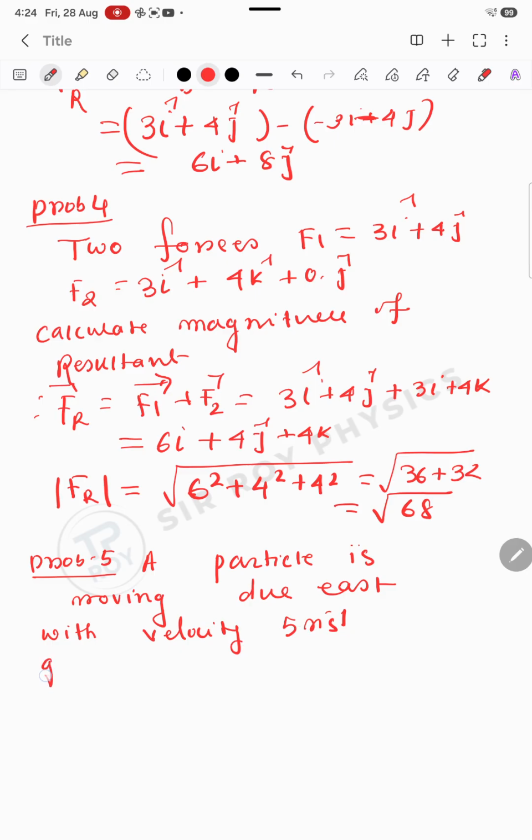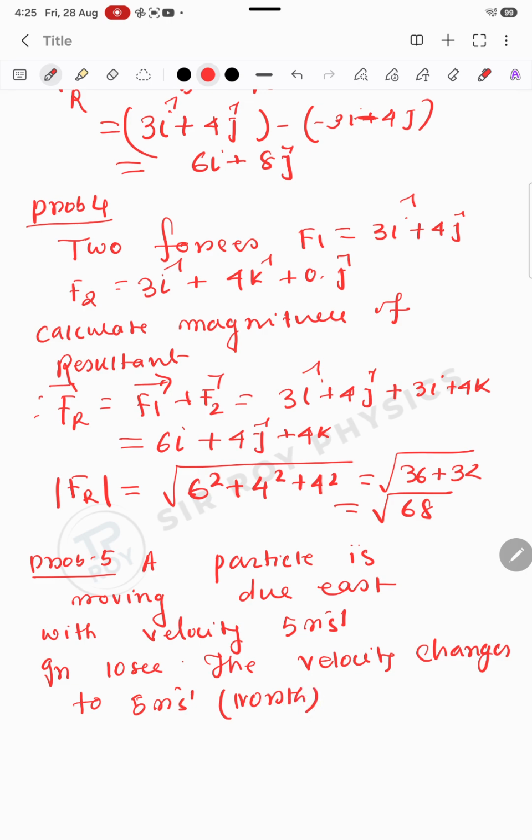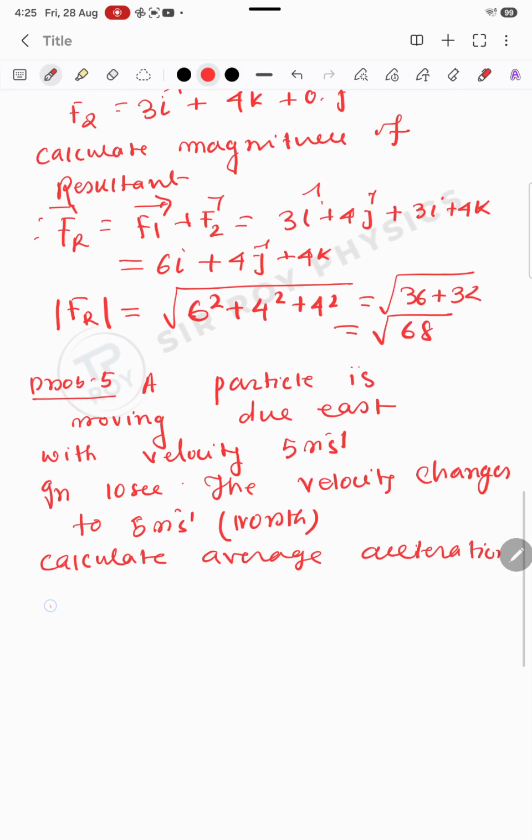In 10 seconds, the velocity changes to 5 meter per second north. Velocity changes are given. Calculate the average acceleration.